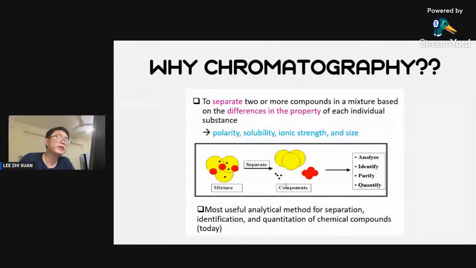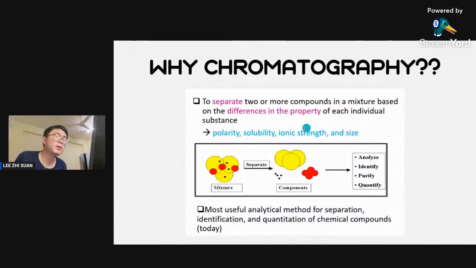Normally we separate compounds based on the polarity of the component, solubility, ionic strength, or size. Polarity is based on the strength of the polar bond. Some molecules are highly polar, some are low polar, some even non-polar. So based on that polarity, we can separate them.